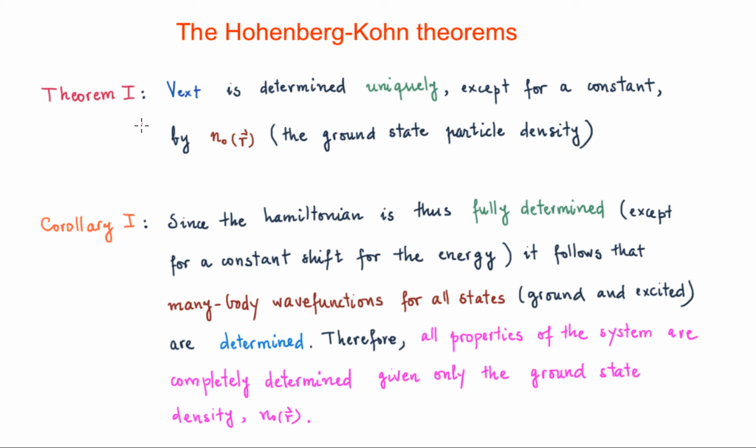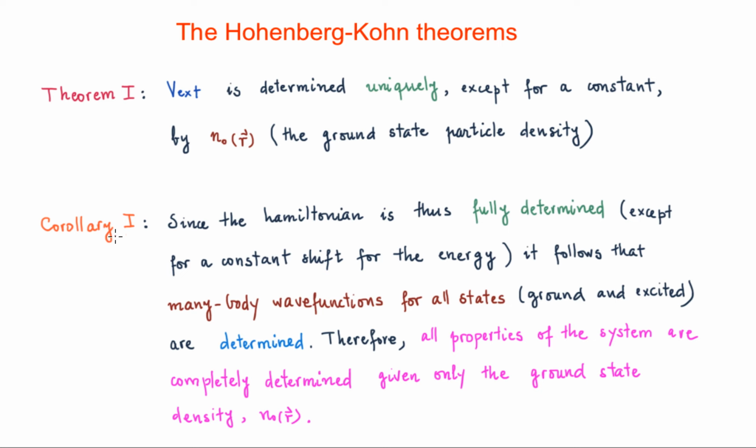The first theorem states the following: Vx, the external potential, is uniquely determined, except for a constant, of course, because the energy is determined except for a constant. The external potential is uniquely determined by the ground state particle density, by N0. Okay, that's the first theorem. That's what we said before.